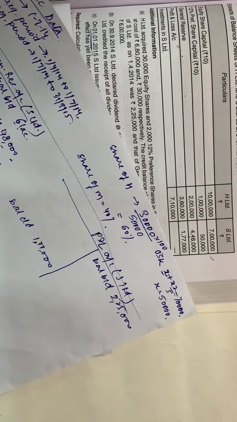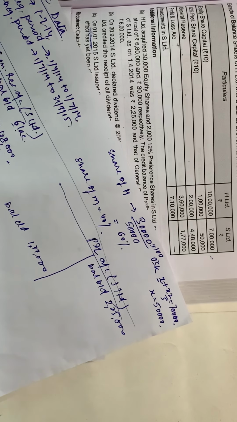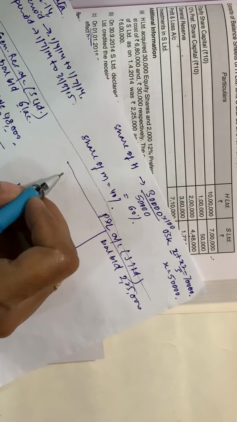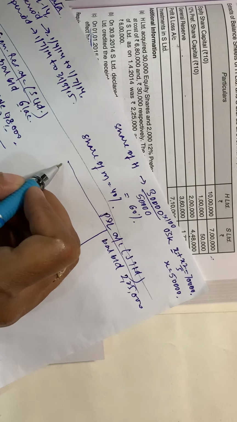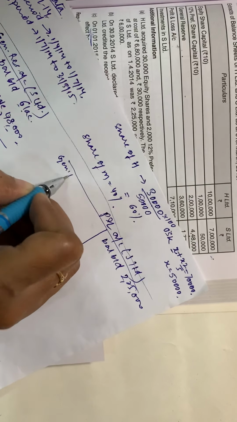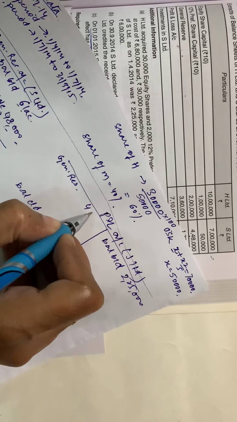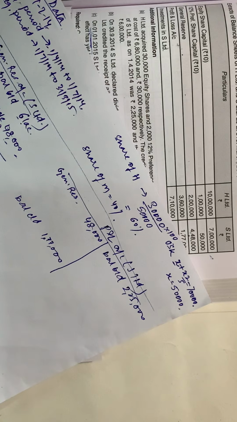Now let's see what all items may have to be considered while preparing the P&L account. One item we have already understood from the preparation of the general reserve, that there is an appropriation involved over here, that is to the extent of 48,000. We have appropriated this much to the general reserve.